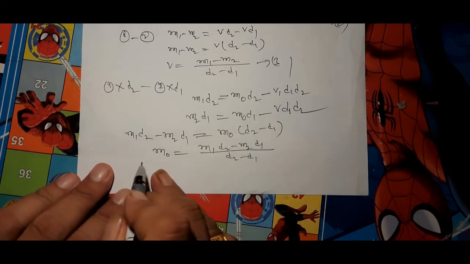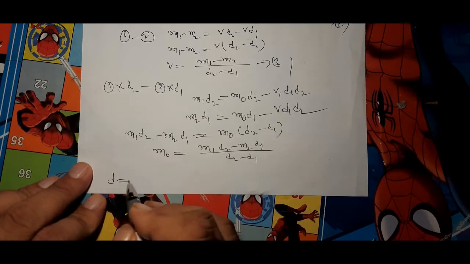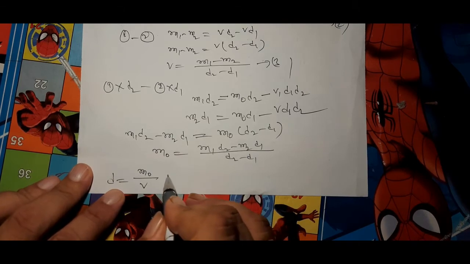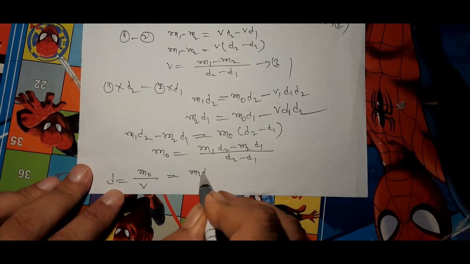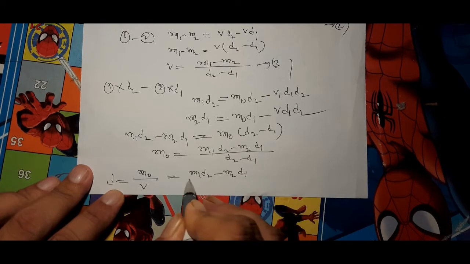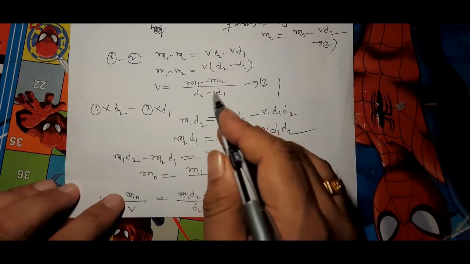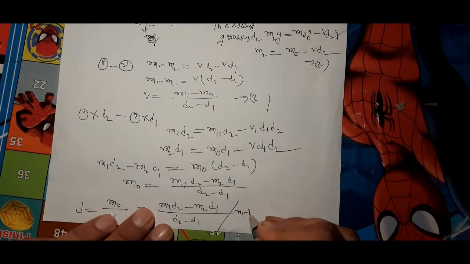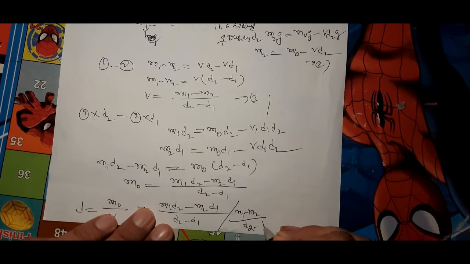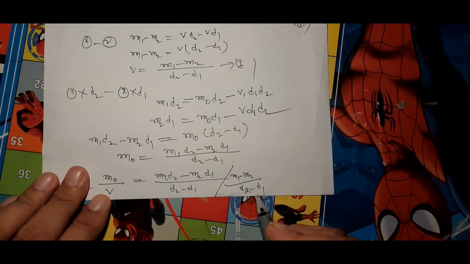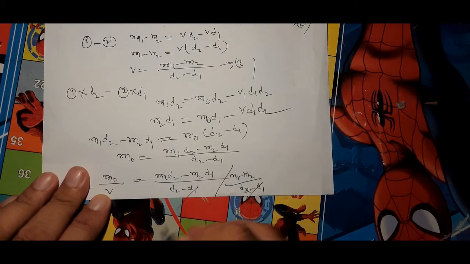Now we want to find the density of the object. Density of the object is equal to the original mass by volume. The original mass is m1 d2 minus m2 d1 divided by d2 minus d1, whole divided by the volume of the body, m1 minus m2 divided by d2 minus d1. The d2 minus d1 terms cancel.